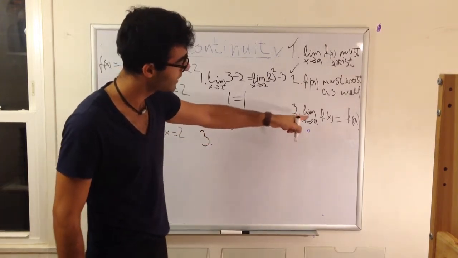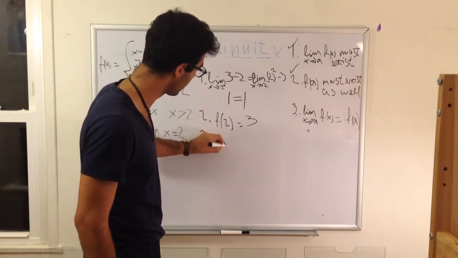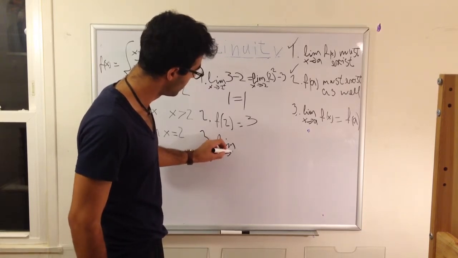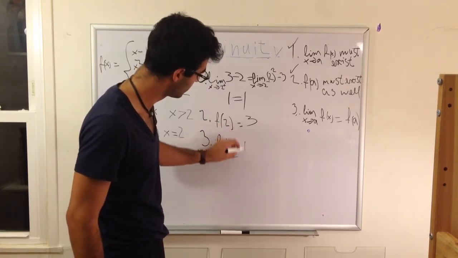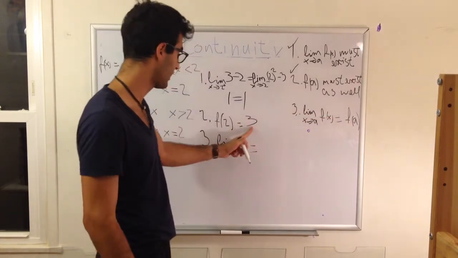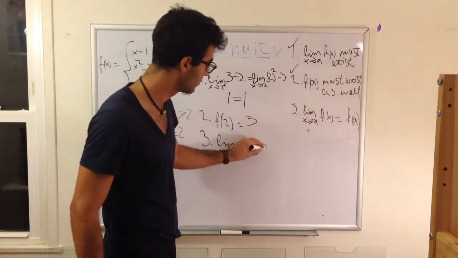The limit as x approaches a of f of x. That's this one, so let's write it down. The limit as x approaches 2 of f of x must be equal to f of a. f of a was this one, the second condition, 3.